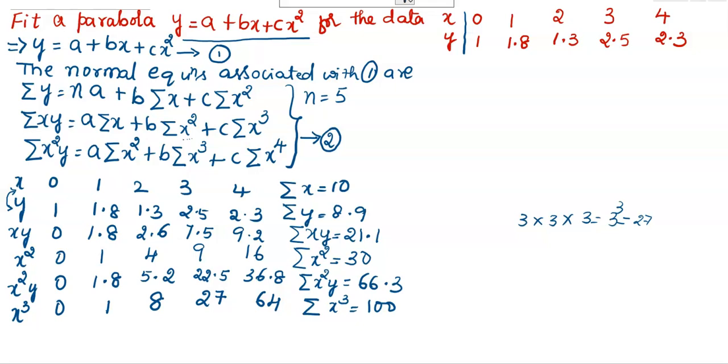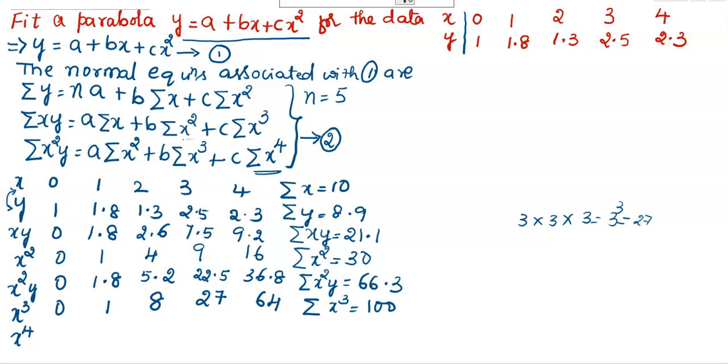Now what we have to find out? The last one, summation x to the power of 4, right? So same thing, take the values of x. For those values, you have to raise the power by 4. Okay.